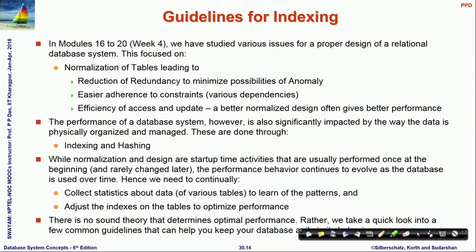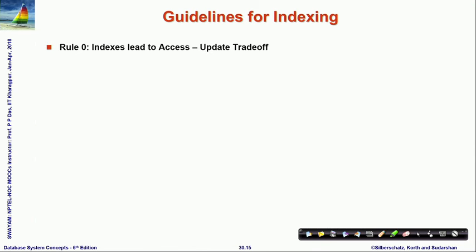So, all that you have is more an expertise that you develop through experience. What I will take you through is a set of a few common guidelines about how to keep your database agile while you go through the life cycle of different data coming in and going out. So, the first rule, I say rule 0, is that indexes lead to an access-update trade-off.